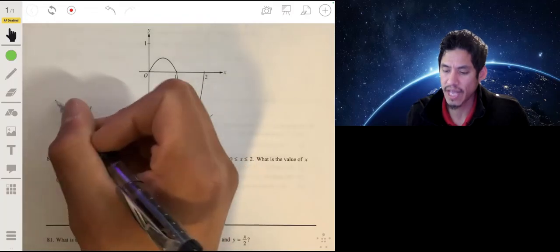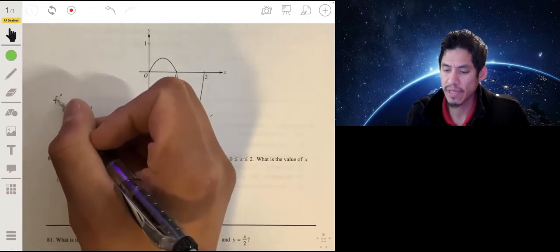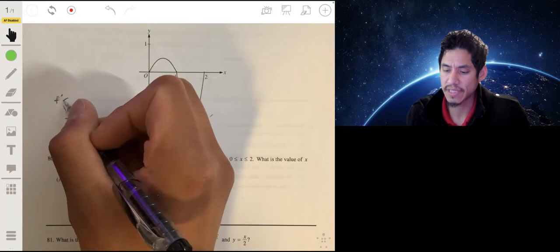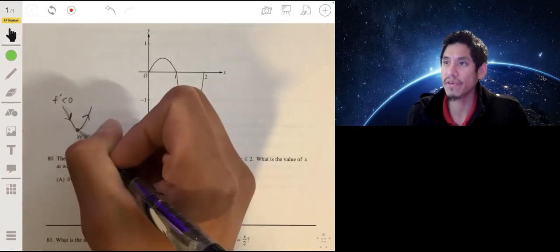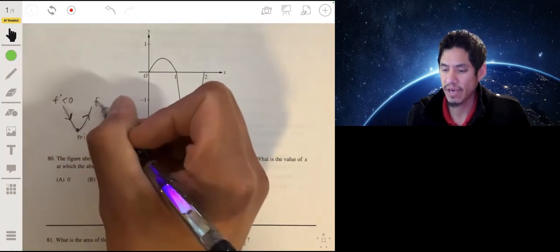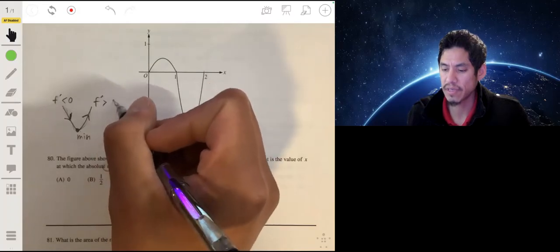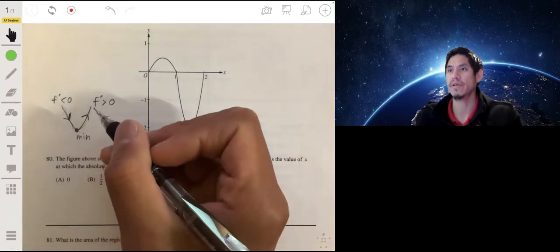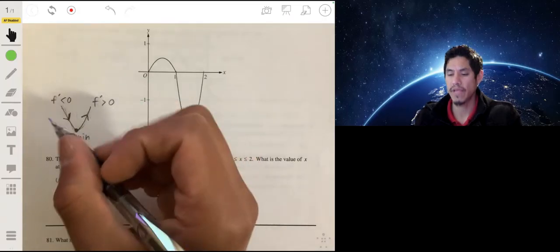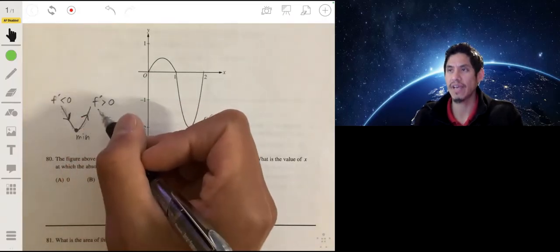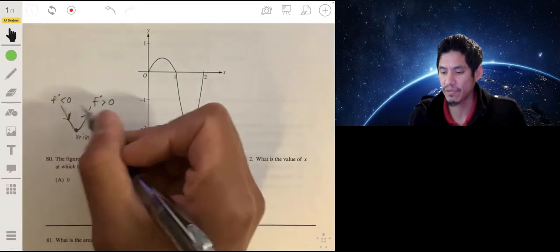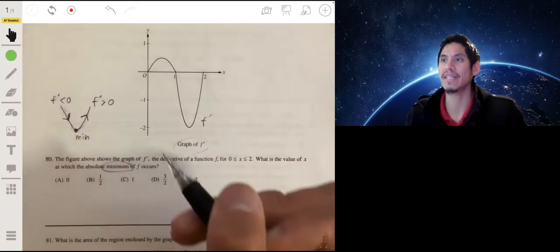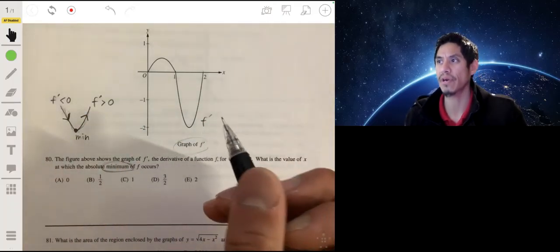So over on this side, f prime is going to be less than 0. After the minimum point, f prime is going to be positive because it's going to be increasing. So negative before and positive after. It doesn't always have to be this simple, but that's the general idea for a minimum to occur.